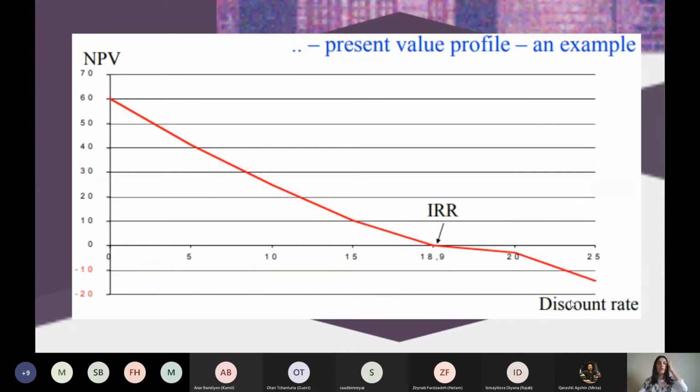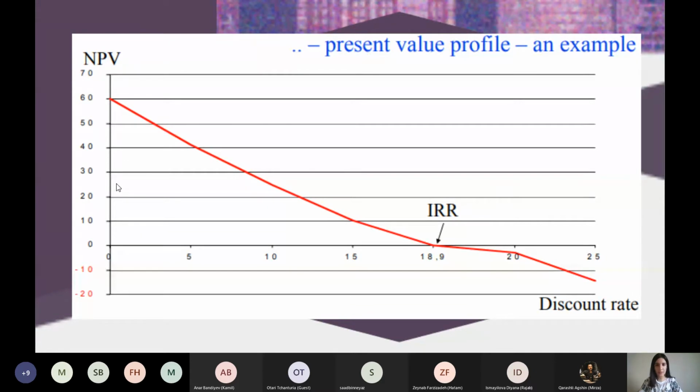Let's imagine you found a discount rate of 5%, and we can see NPV is 40, which is positive, so you accept the project. Or 10, NPV is still positive. This is just a graph, I think you understand me.